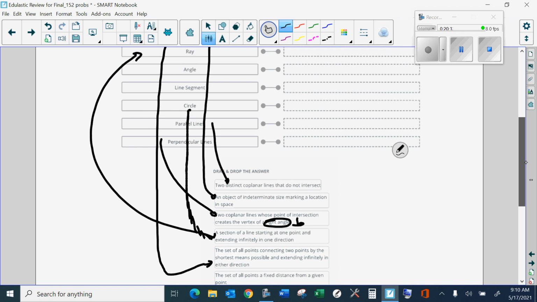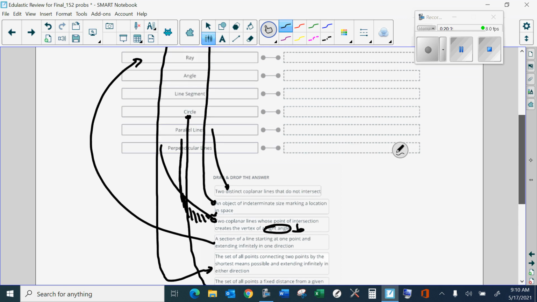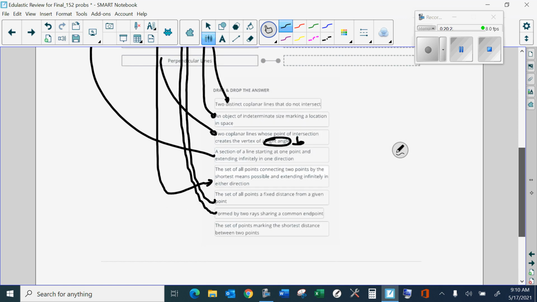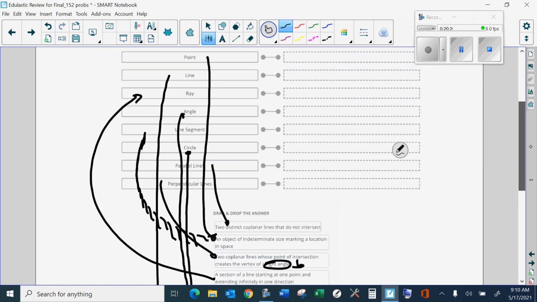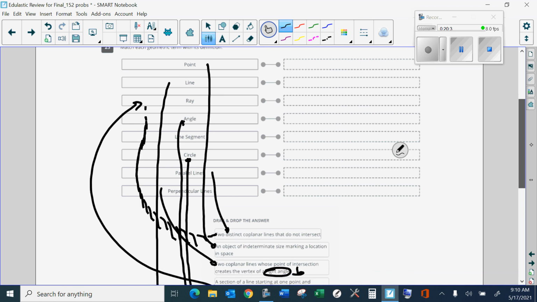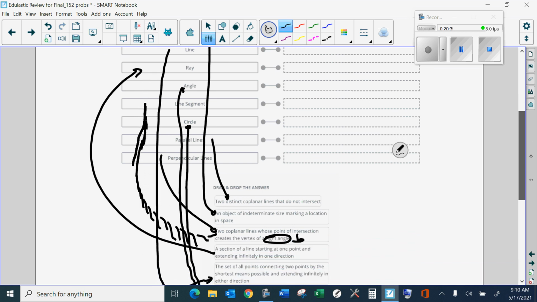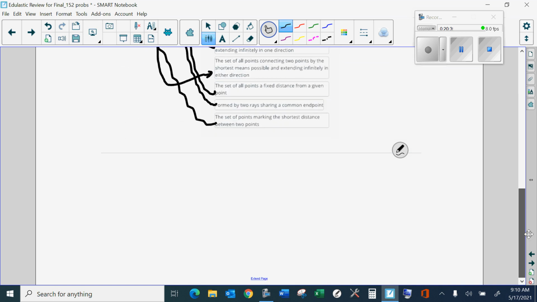Right there. Formed by two rays sharing a common endpoint, that's the definition of an angle. And the set of points marking the shortest distance between 2 points, that's a segment. Where's segment? Oh, I guess we've used them all. So that's just extra. Okay.